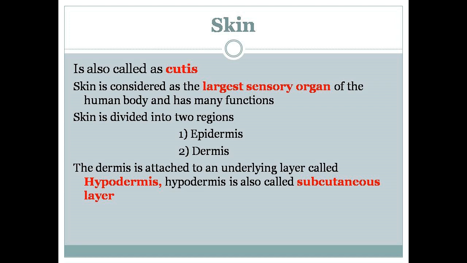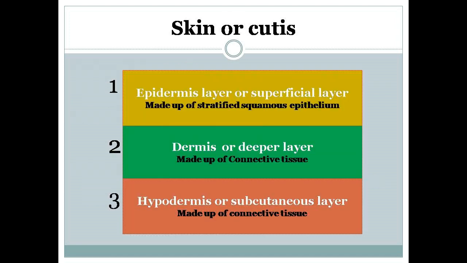And dermis is attached to an underlying layer, okay. And that underlying layer is called hypodermis, and the second name of that hypodermis is subcutaneous layer, okay. So you will see the picture of these layers in a moment.